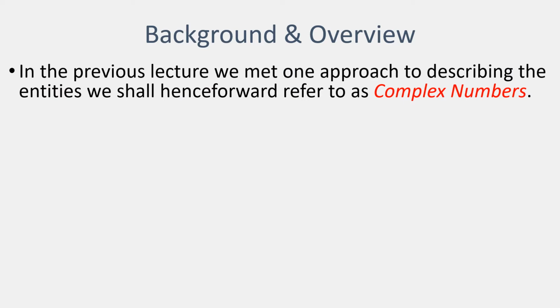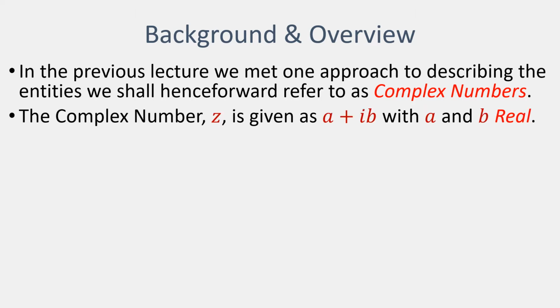So let me just review some of the background we had previously. To start off with, we met this approach to describing objects which I am going to be referring to subsequently as complex numbers.